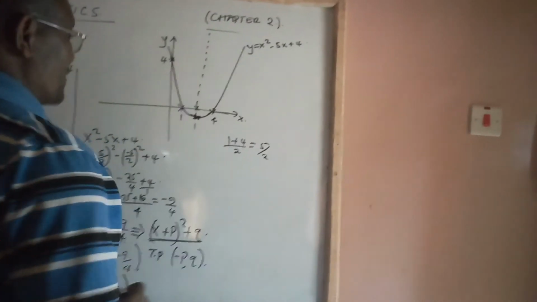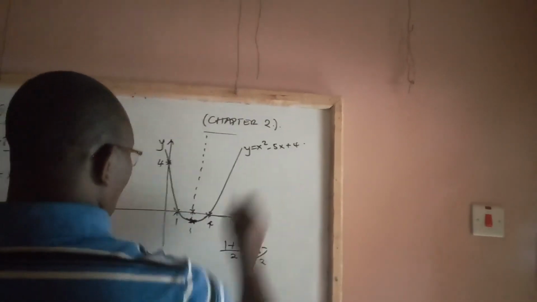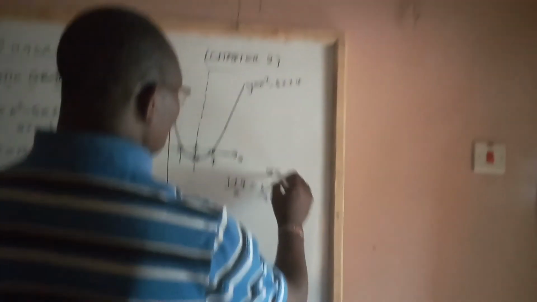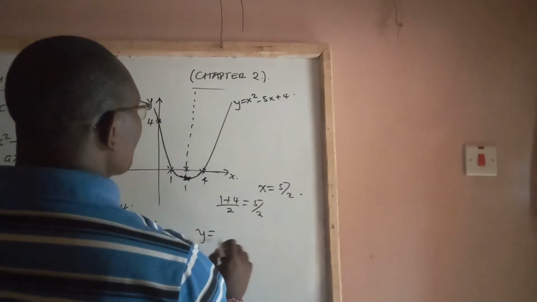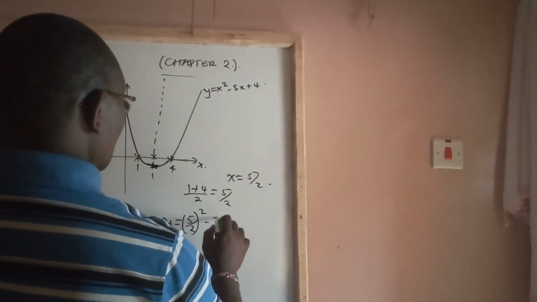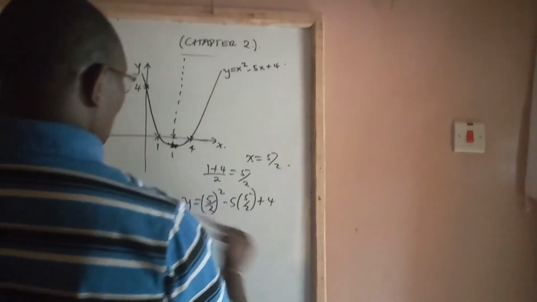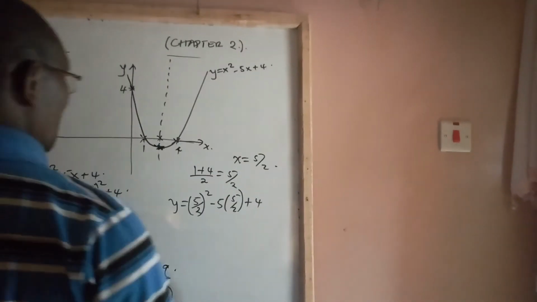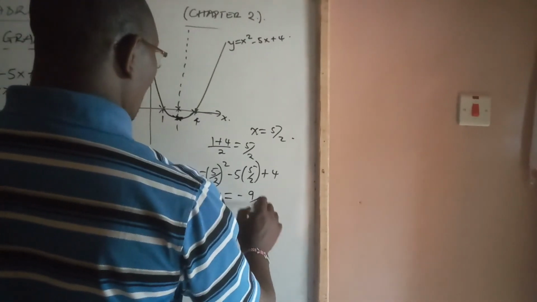And the moment you get 5 over 2, substitute it in the original function: y is equals to 5 over 2 squared minus 5 over 2 plus 4. After you do all these calculations, you realize that y is going to be minus 9 over 4.